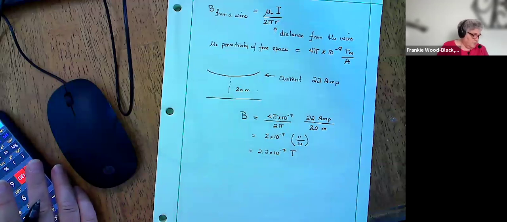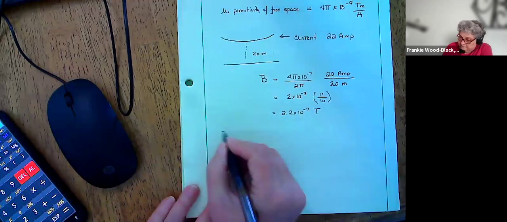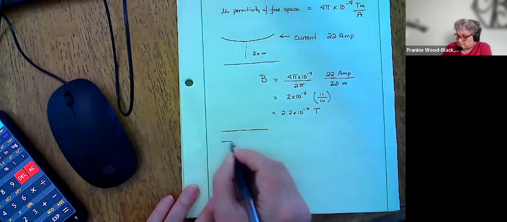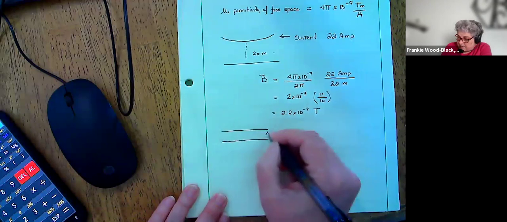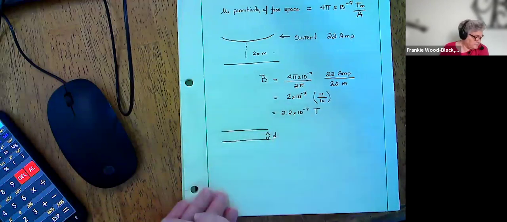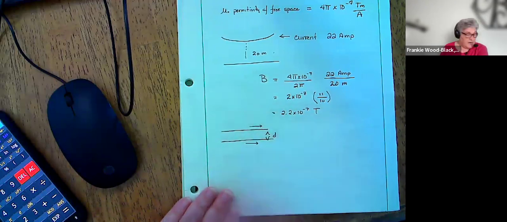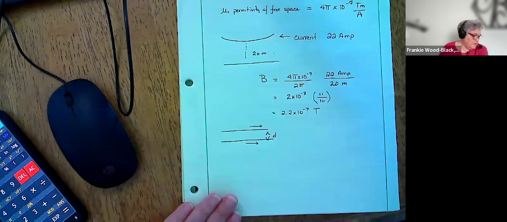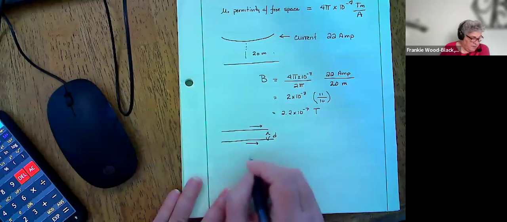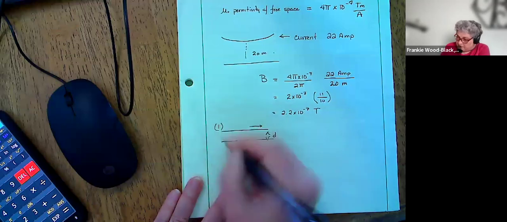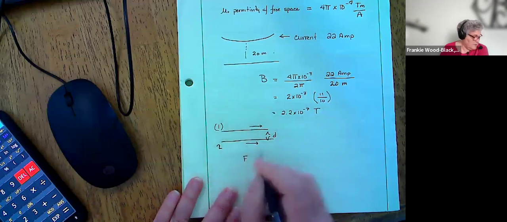Now, when we do this, if I have 2 parallel wires, and these are separated a distance d, okay? And I have the current traveling both in the same direction. The force due to one, we'll call this force 1.